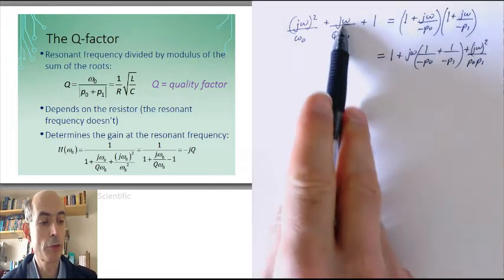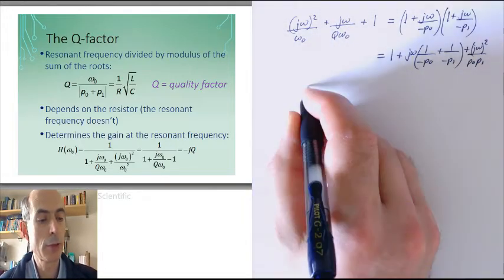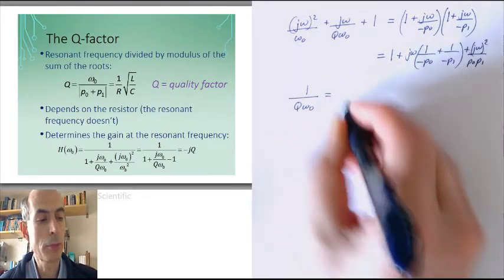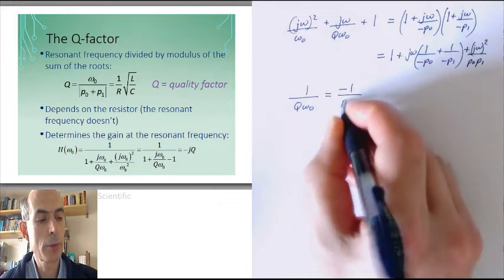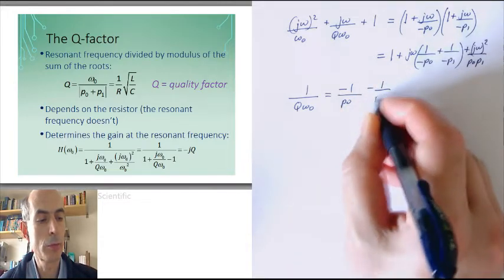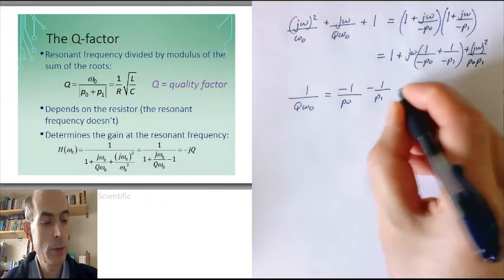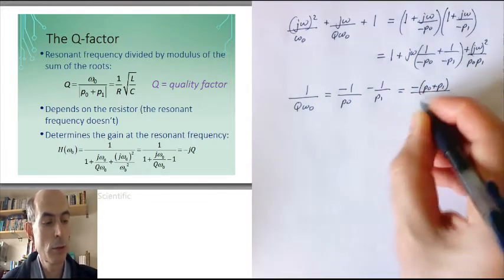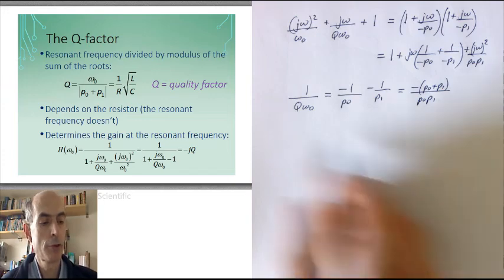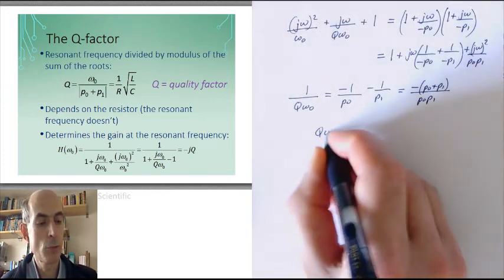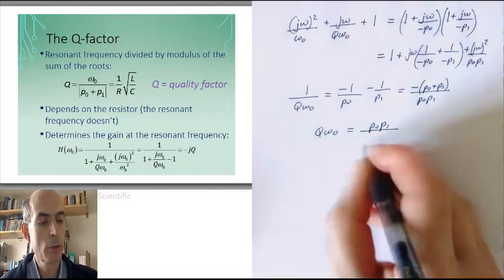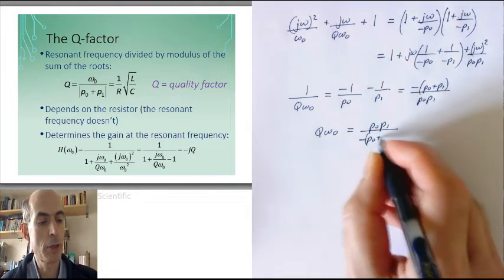Equating the coefficients of j omega, we find that 1 over Q omega naught is equal to minus 1 over p0 minus 1 over p1, which is minus (p0 plus p1) over p0 p1. Turn everything upside down: Q omega naught equals p0 p1 over minus (p0 plus p1).